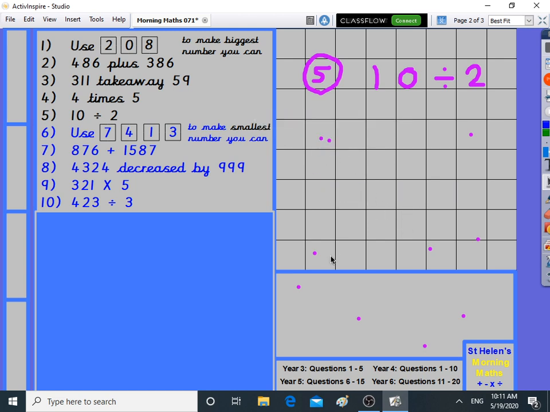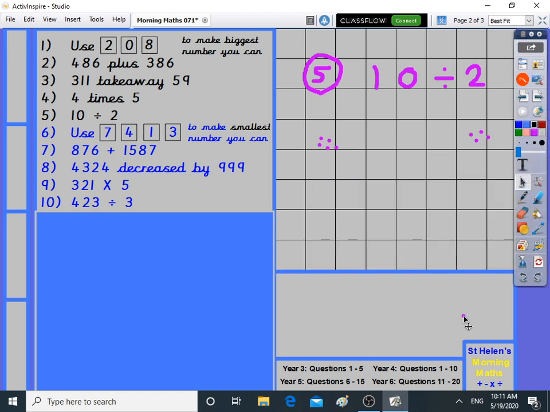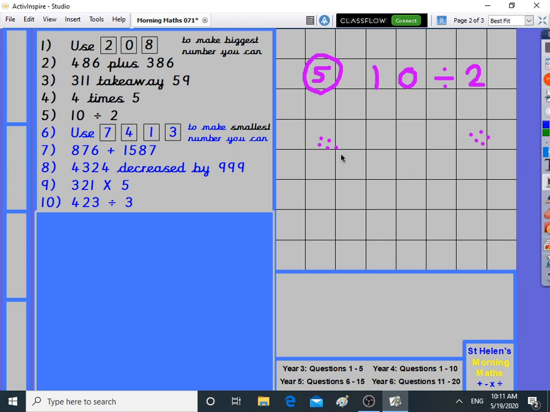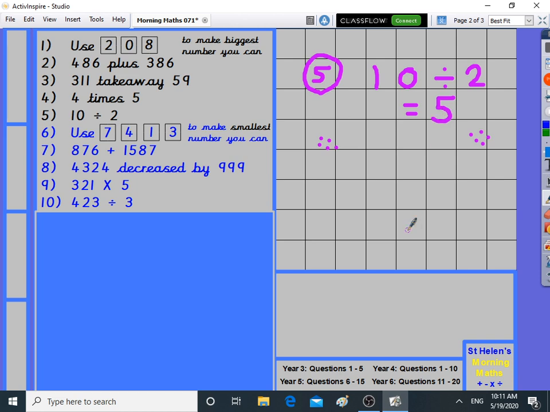Another one up here, another one up here. 1 for you. See, it's all fair. 1 for you and 1 for you will mean they've both got 5. 10 divided by 2 equals 5. 10 shared between 2 is 5.